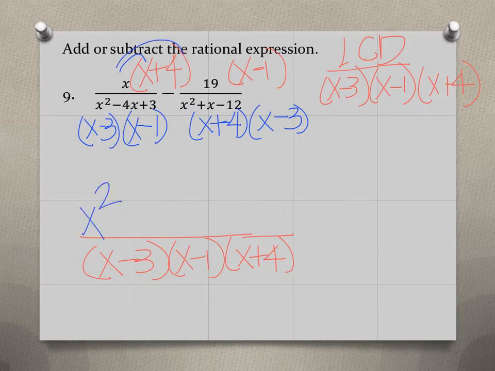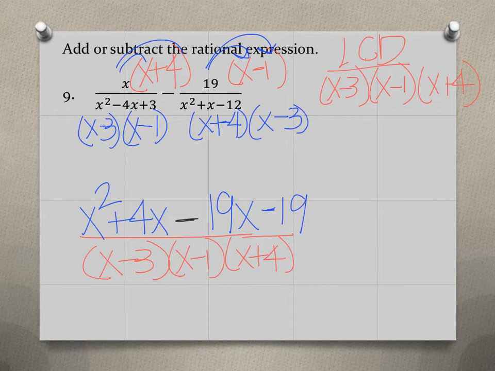Then x times 4 is 4x. Then I have minus, then I have 19 times x, which is 19x. And then 19 times negative 1, which is negative 19. And you want to put this in parentheses because you're subtracting that entire expression.